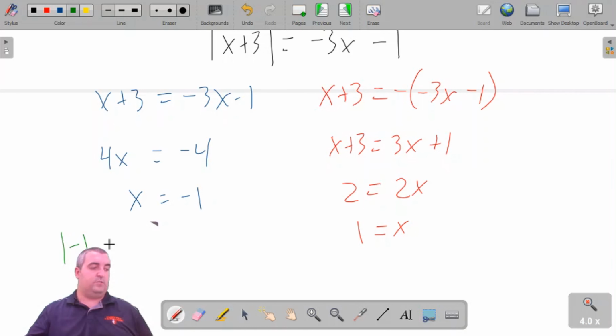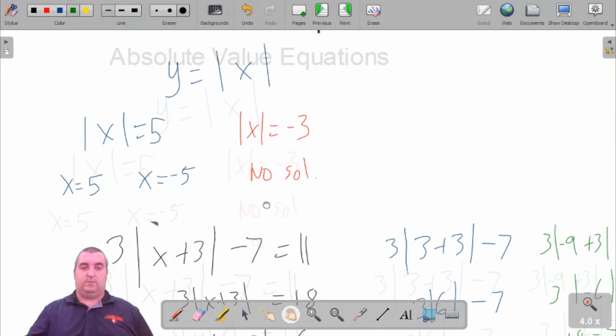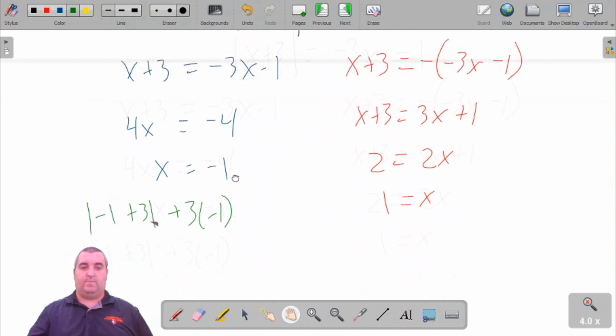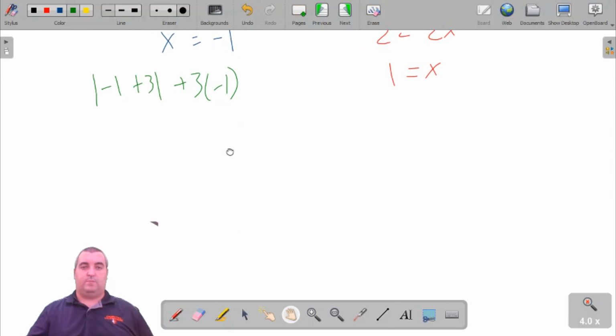So the absolute value of -1 plus 3, plus 3 times -1. All right, so that's annoying. So that's the original left side, and we want to see, does this equal -1?